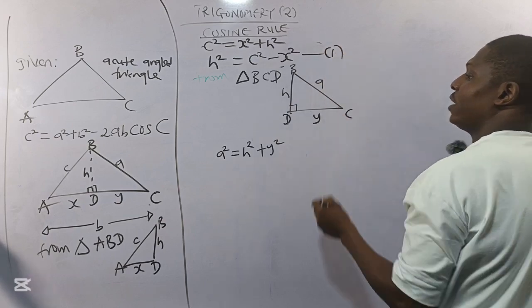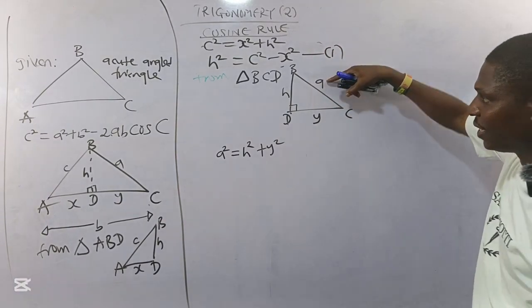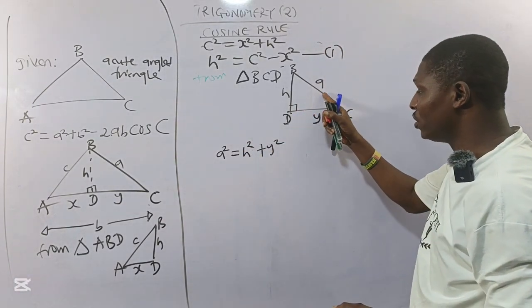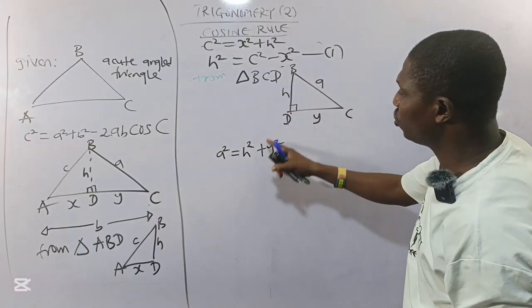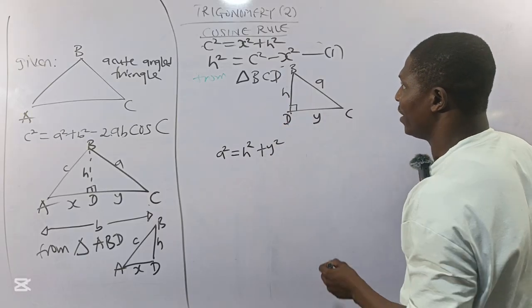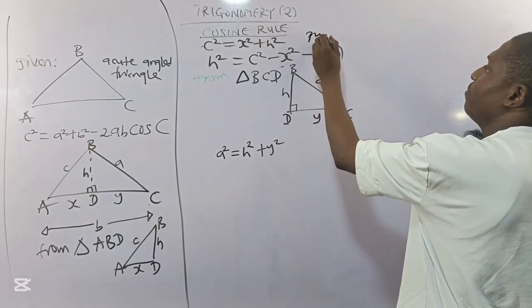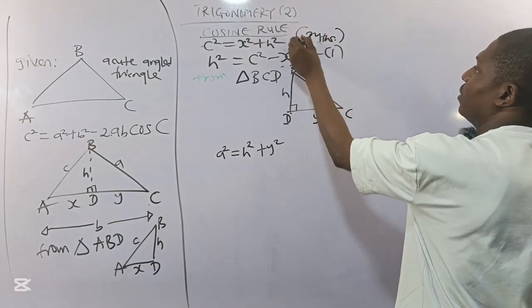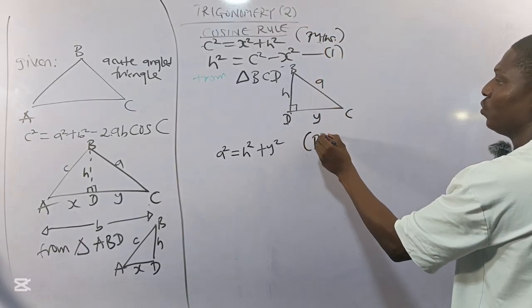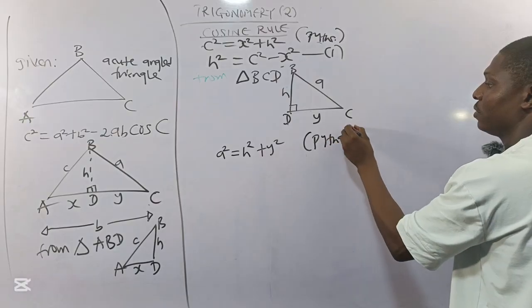This becomes equation 1. And I've gotten A squared, where the right angle is facing the hypotenuse side, equal to H squared plus Y squared. And these are gotten by Pythagoras theorem, remember.